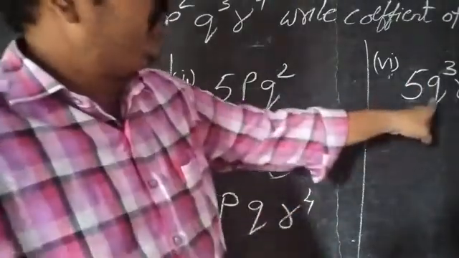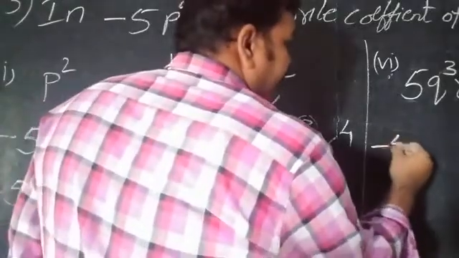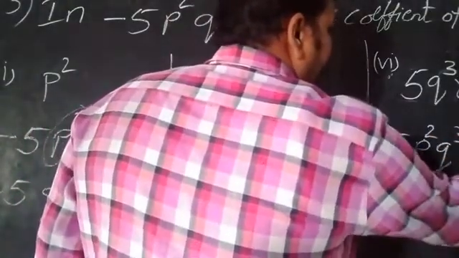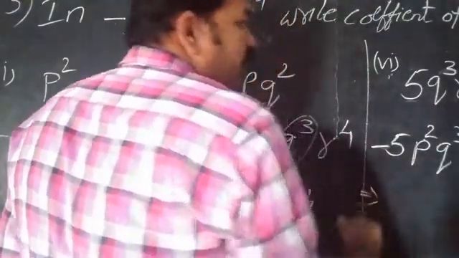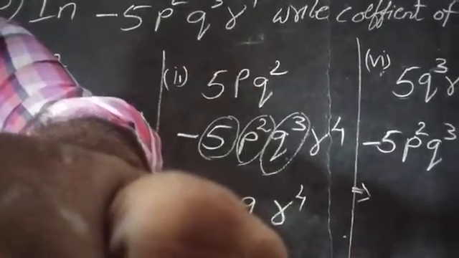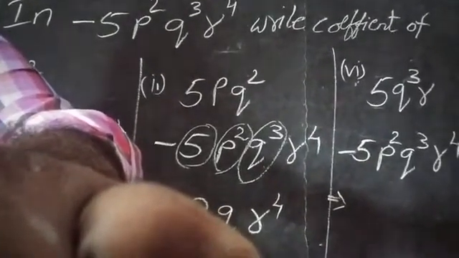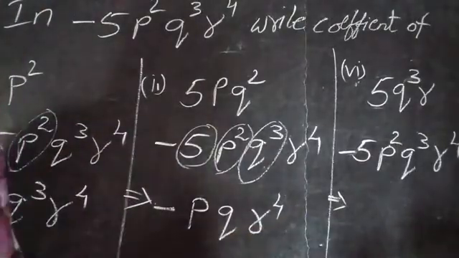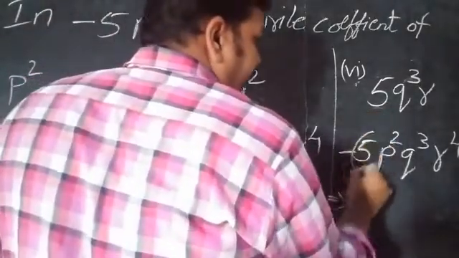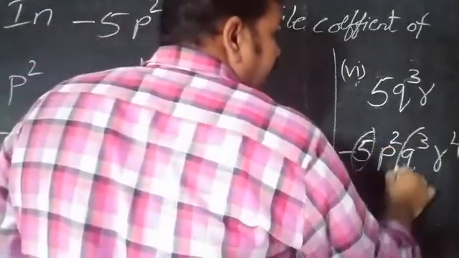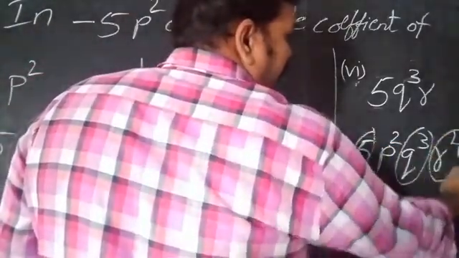Now coming to this question: minus 5 p square q power 3 r power 4. What do we have to take out in this sum? We have to take out 5 q3 r.